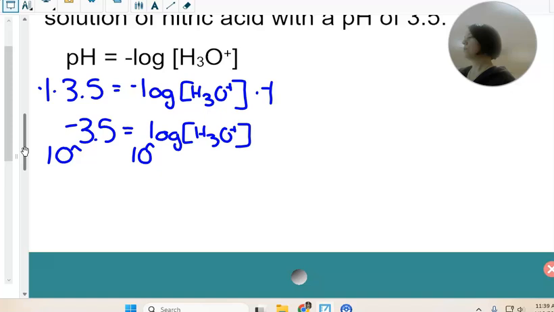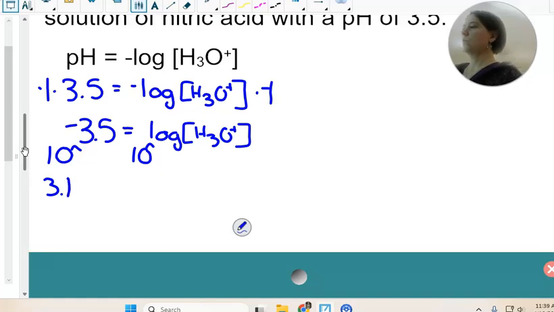So, we're going to get out our calculators and put in 10 to the exponent of negative 3.5, and that gives us, in scientific notation, 3.162, and so on, times 10 to the negative fourth.